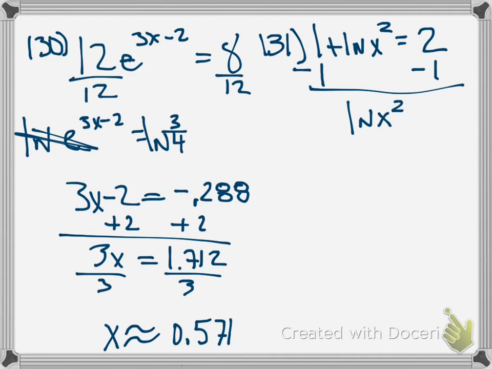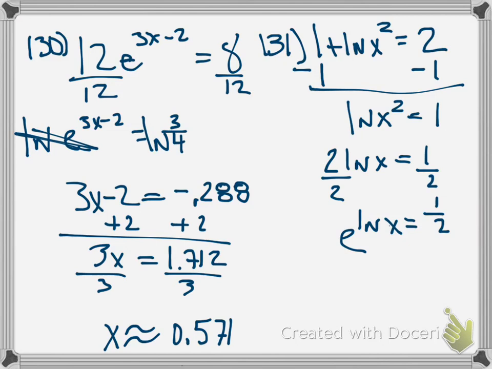Now, if we can get the natural log down by itself, that would make things a lot easier. So let's put the 2 out here using the properties of logs. Then we can get rid of the 2 by dividing. So now I have natural log of x is equal to 1/2.